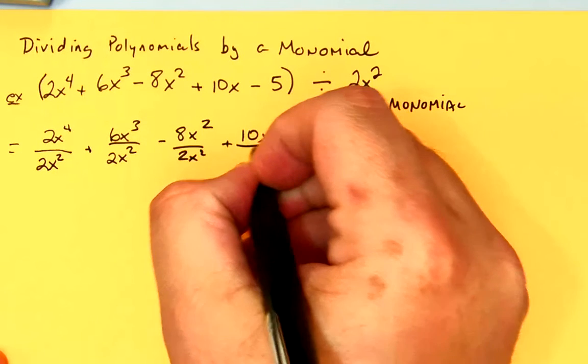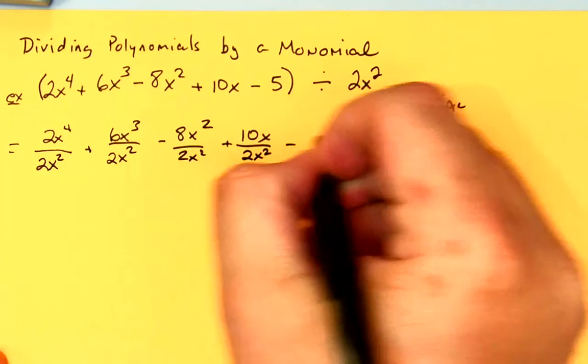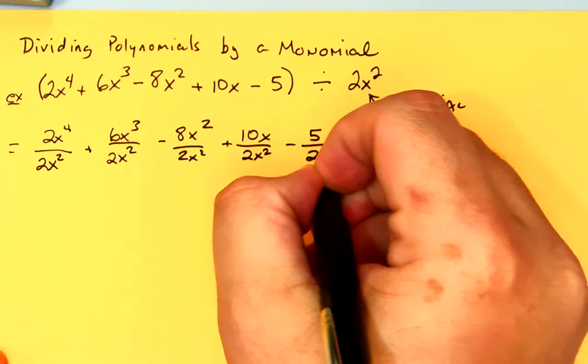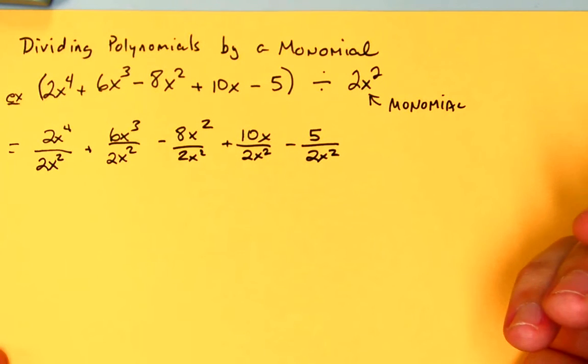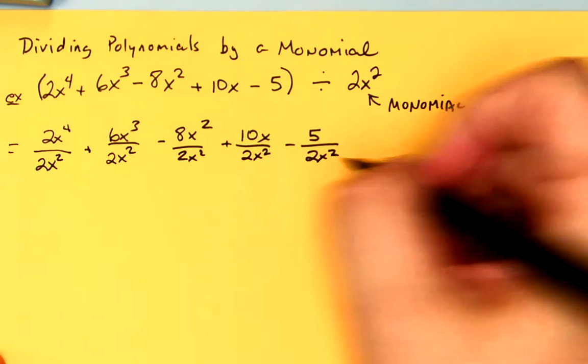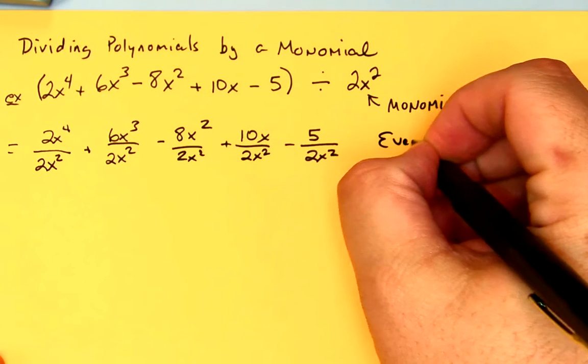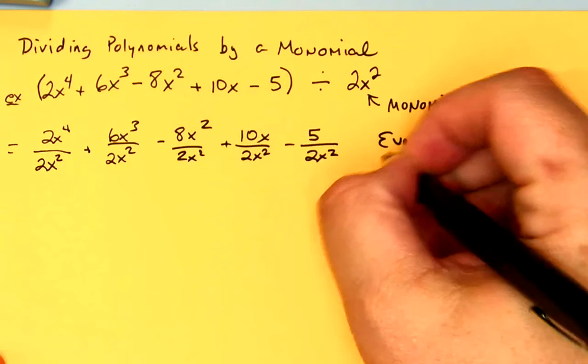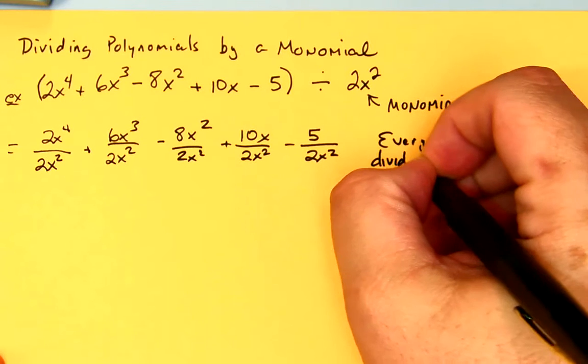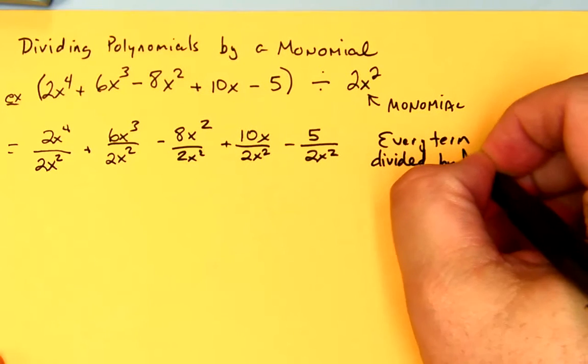Get 10x over 2x squared minus 5 over 2x squared. And so every term is divided by the monomial. Every term divided by the monomial.